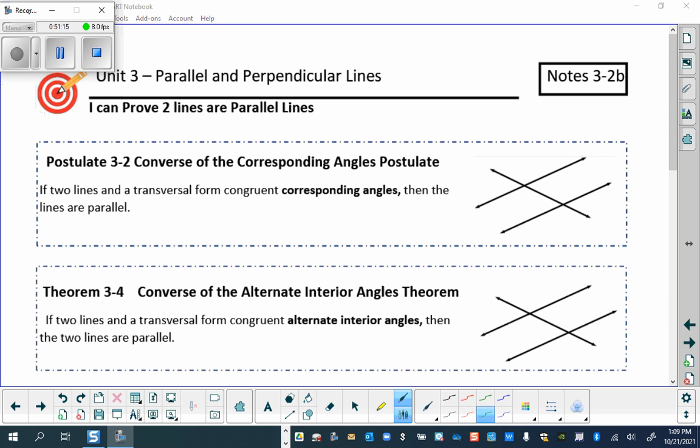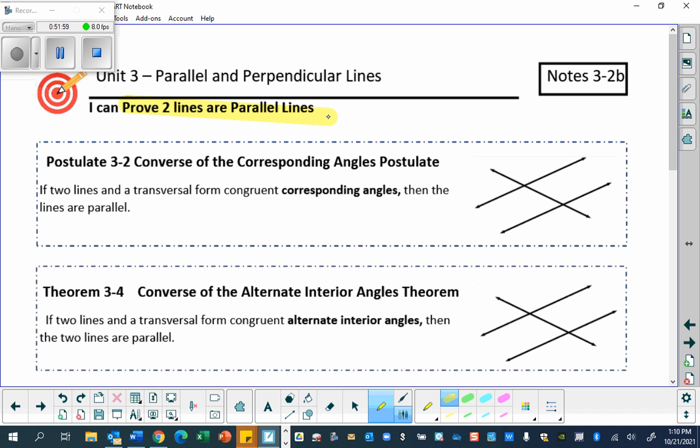And the converse is going to say, hey, instead of proving the cool relationships between the angles, now we are going to use those cool relationships to prove that the two lines are parallel.